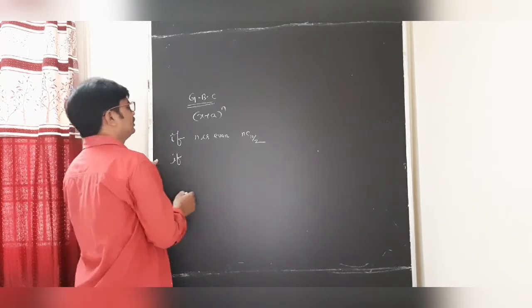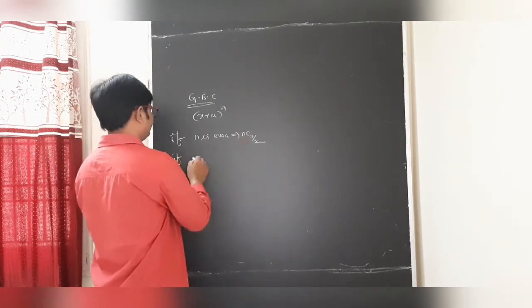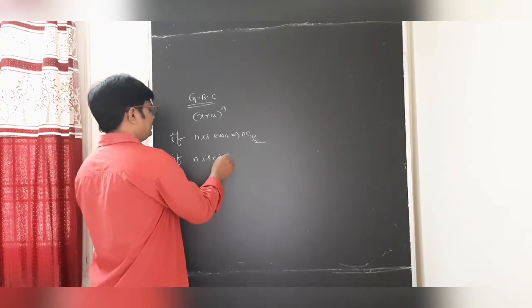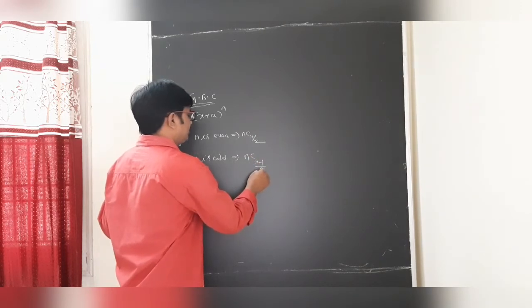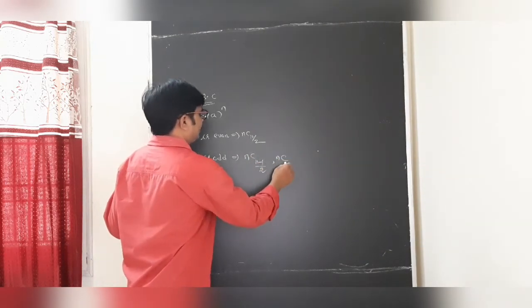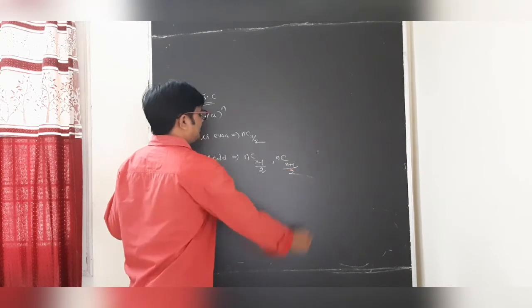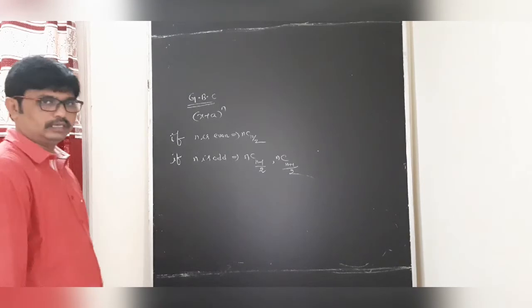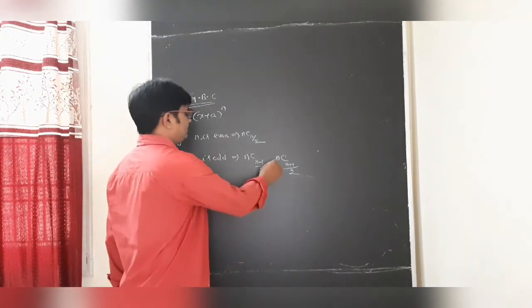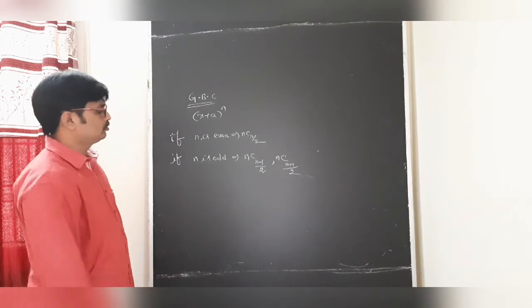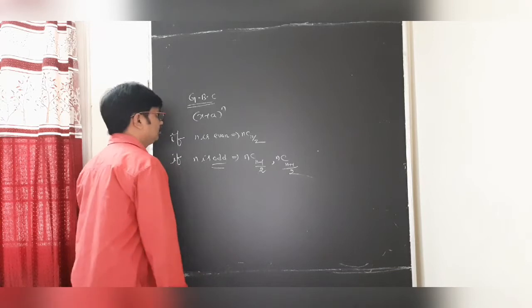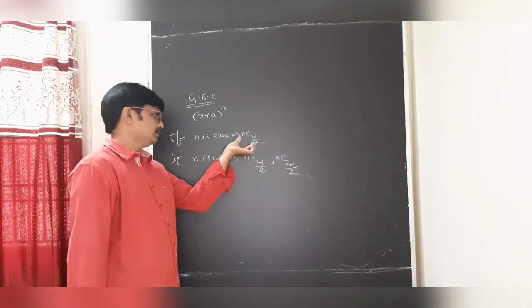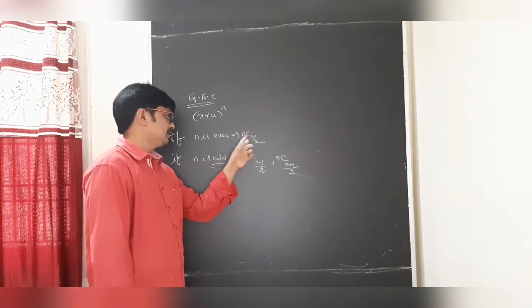If n is odd, the greatest binomial coefficient is nC((n minus 1) by 2) or nC((n plus 1) by 2). These are also equal, since n is odd.